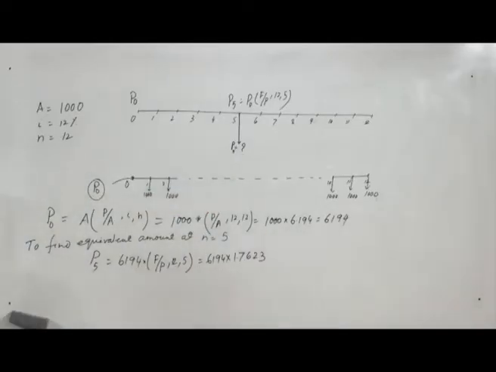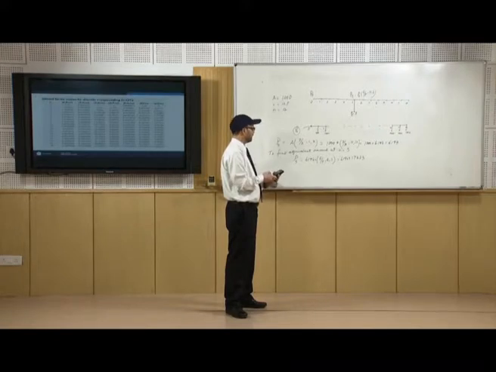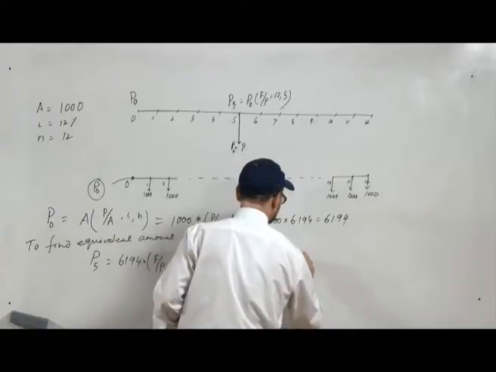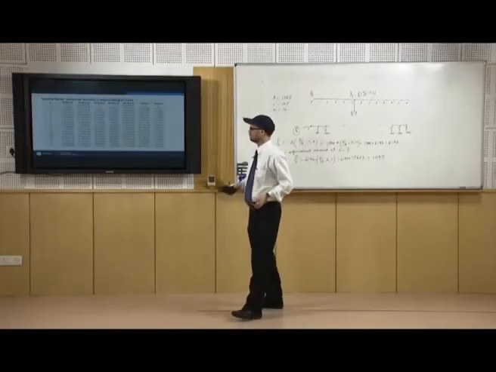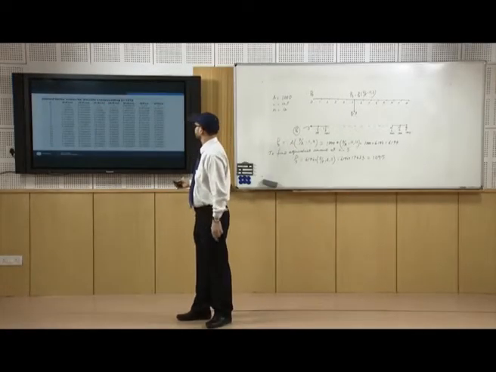Once you multiply 6194 by 1.7623, this comes out to be 10915. So, this is how we can solve such problems.